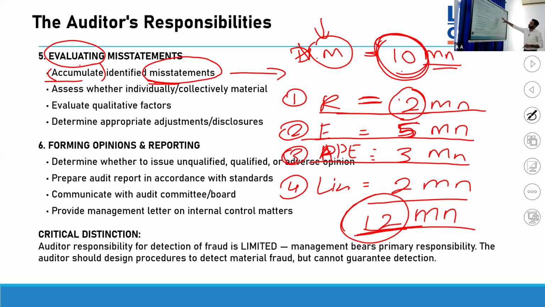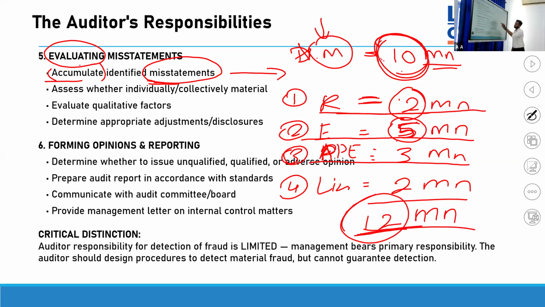So revenue 2 million, there is a misstatement. Expense they have overstated by 5 million. So this misstatement is below our materiality.